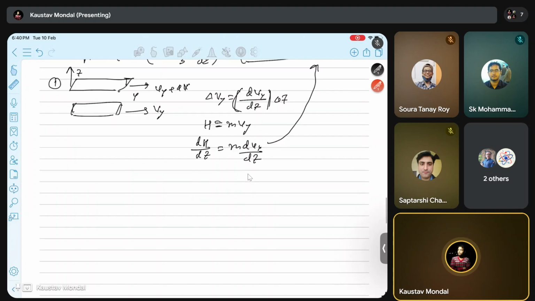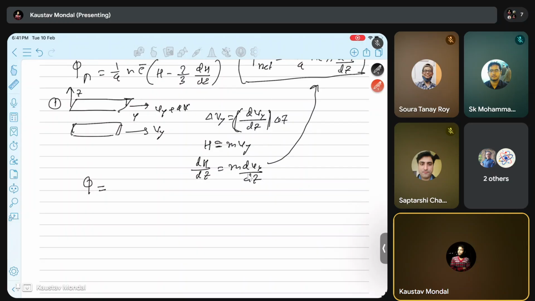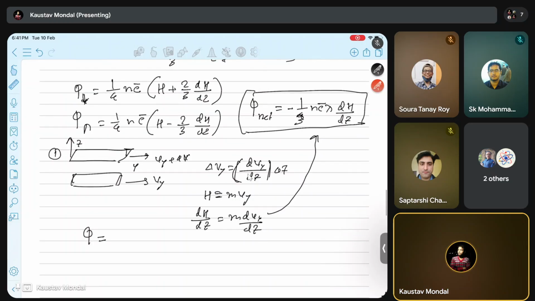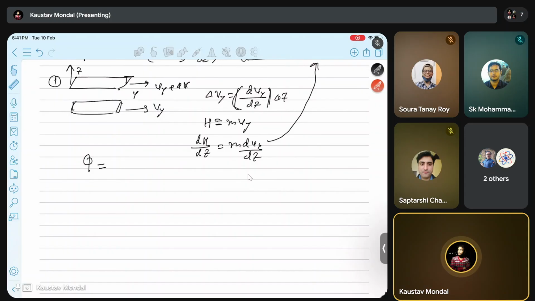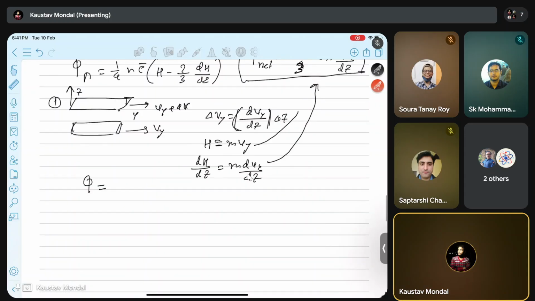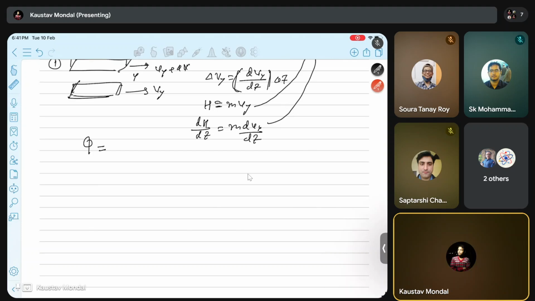After doing that we will be getting the net flux, phi net, as 1/3 m n c bar lambda into dvy/dz, when the physical quantity is momentum.